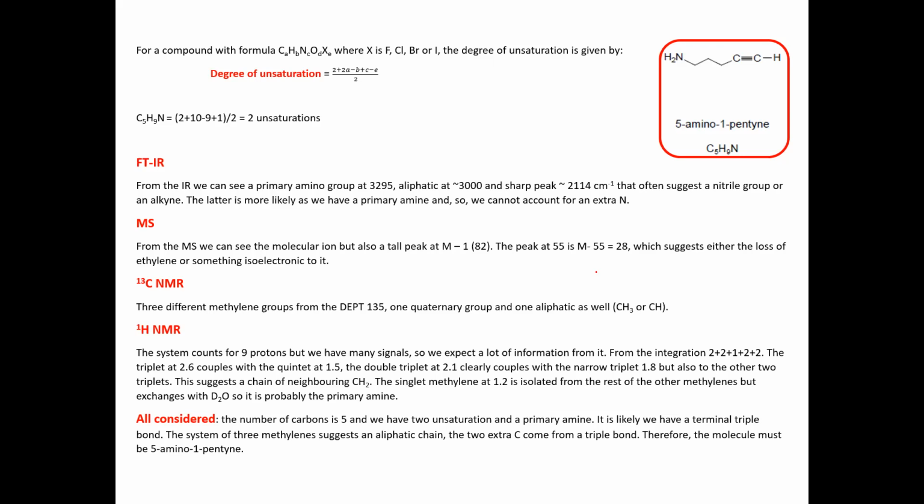One double bond is one unsaturation, the other pi bond is the second unsaturation. A triple bond comes with 2 unsaturations. I have to take for granted that you know that a triple bond comes with 2 unsaturations.